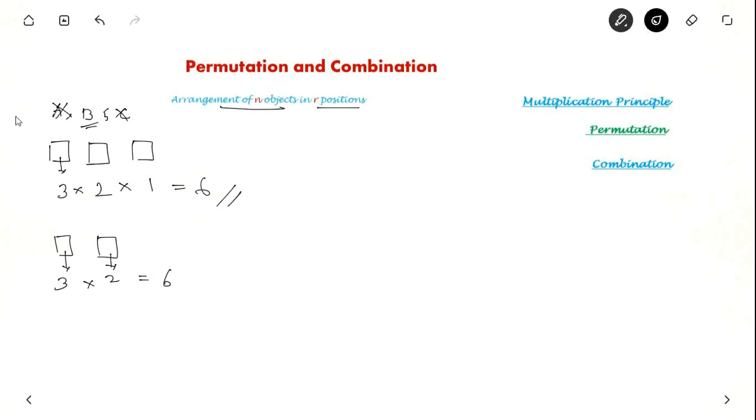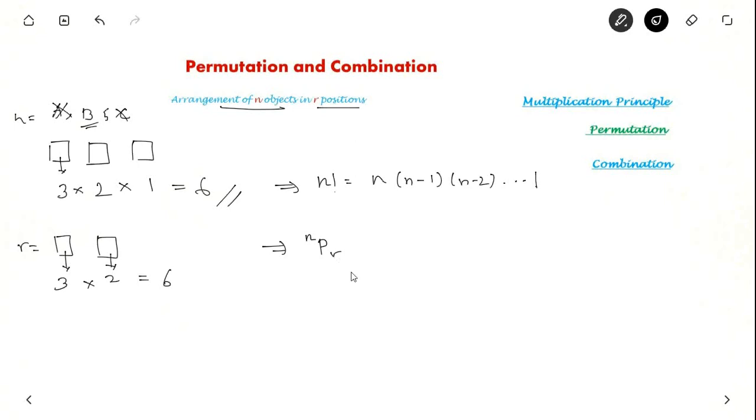So n objects, n is the number of people, r positions, r is the number of chairs. If you see this mathematically, this is nothing but n factorial. Here n is 3, so n into n minus 1, n minus 2 and so on up to 1, and this can be represented as nPr.